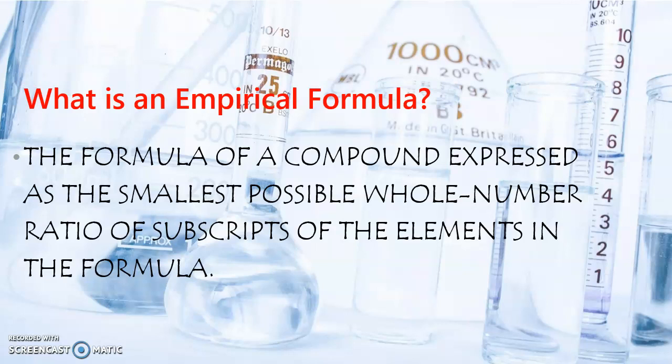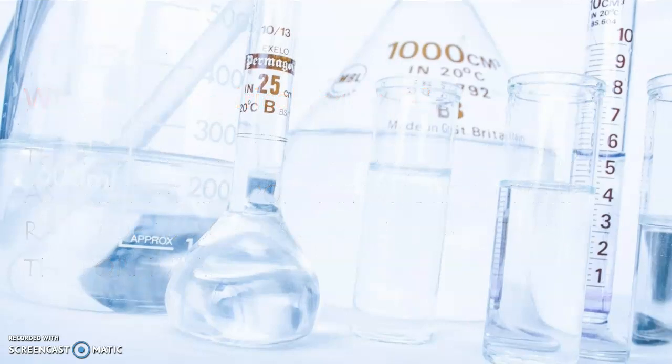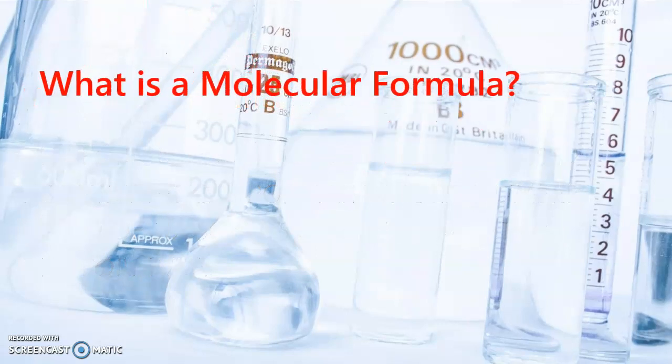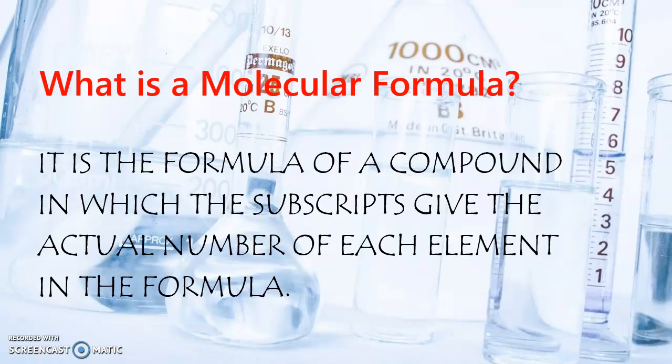When we talk about empirical formula, take note of this. It is the simplest or the most reduced ratio of atoms in a compound. While molecular formula is a formula of a compound in which the subscripts give the actual number of each element in the formula.